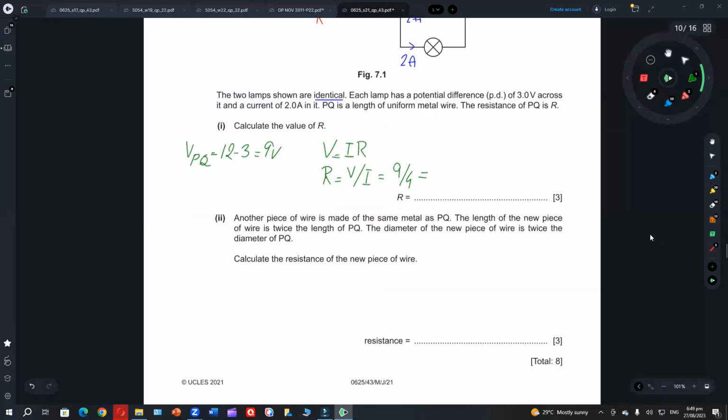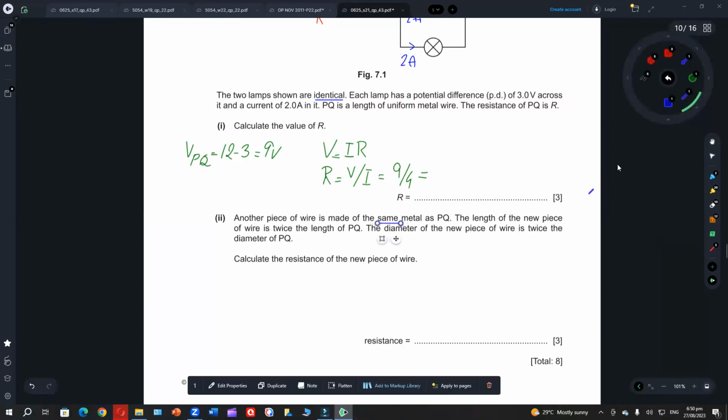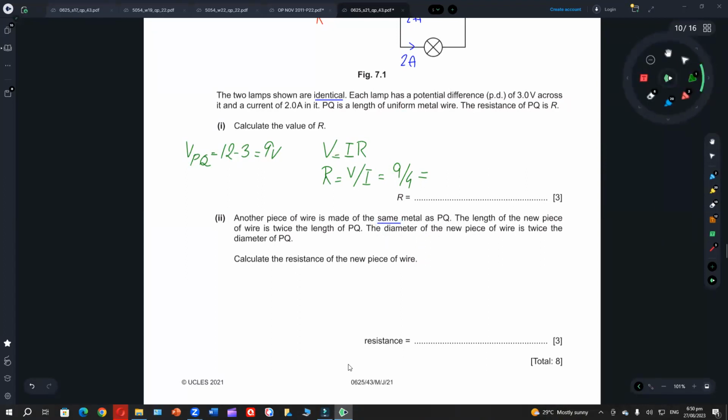It's simply 9 upon 4. It shouldn't take much time. 2.25.